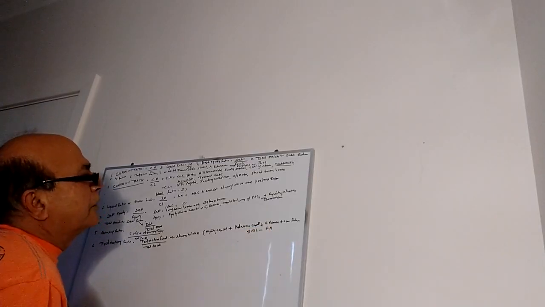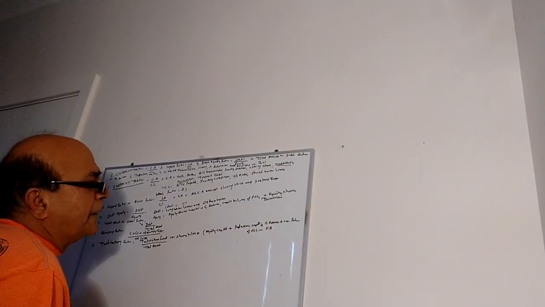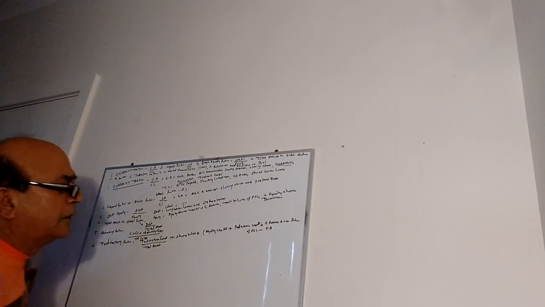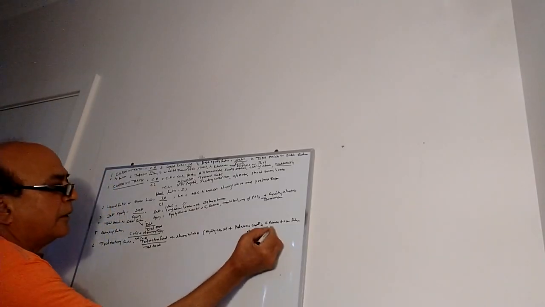Fictitious assets are for the namesake only, like debit balance of P&L or miscellaneous expenditure on the asset side.